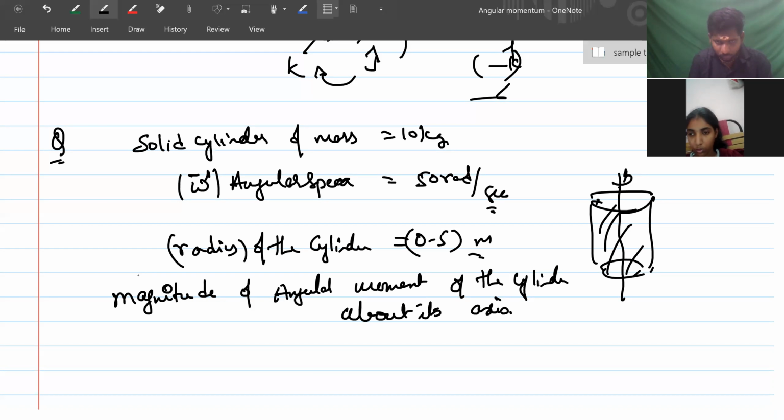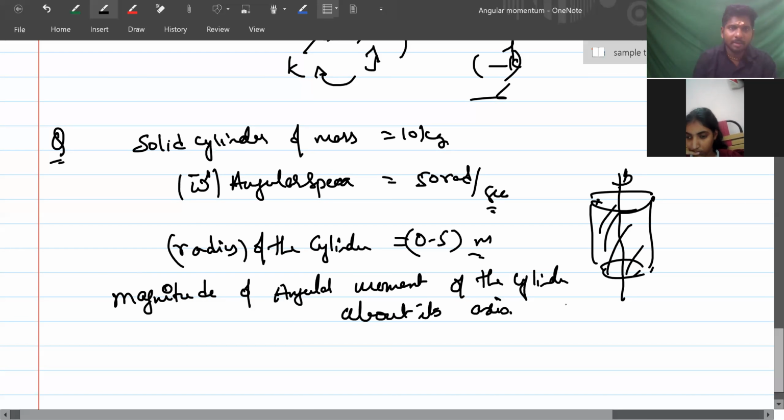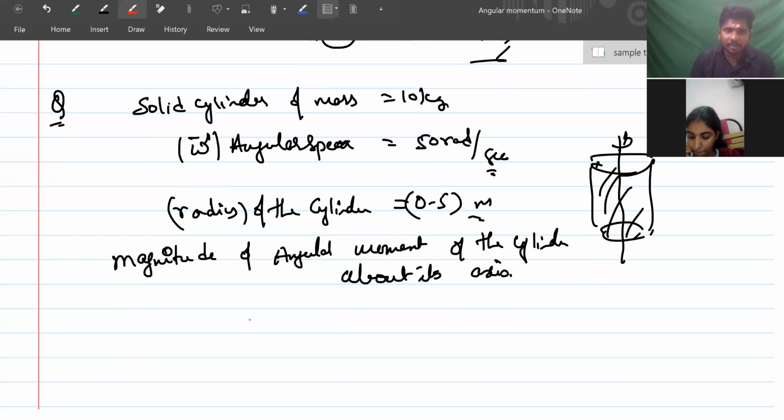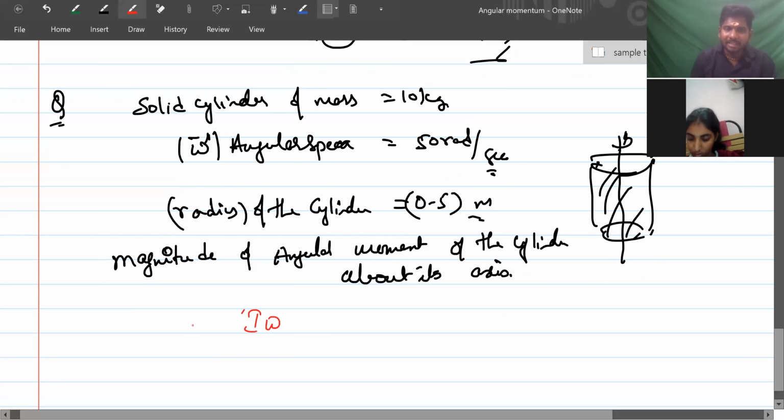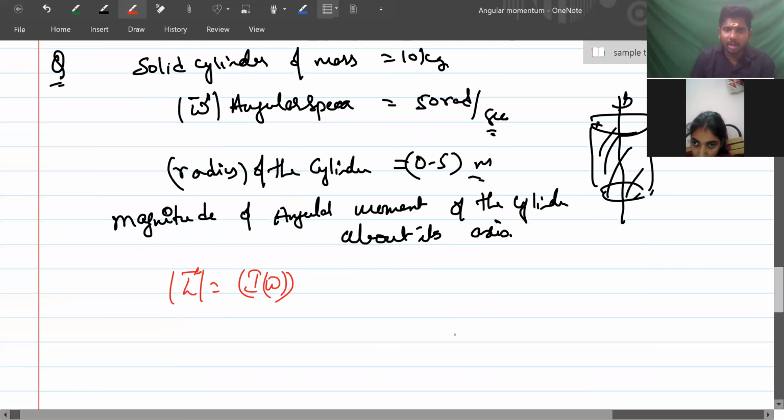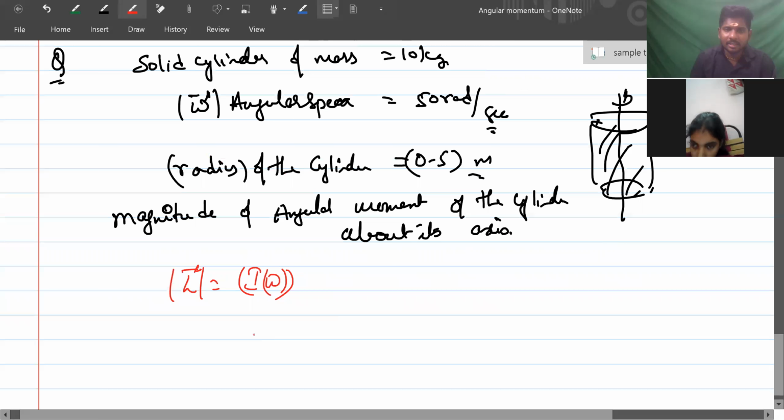Sir, I got 250. Angular momentum, what is the formula you took here? I omega. Magnitude of angular momentum is equal to I omega, I into the angular speed. So I for a solid cylinder is mr square by 2, it's like a disk.